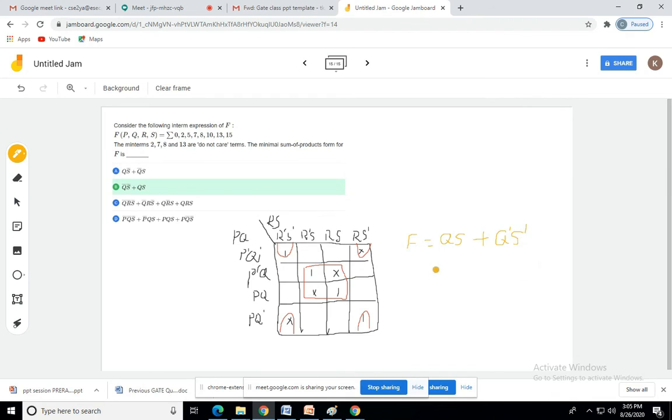Q dash S dash can be written as, since separately in this combination we don't have the options, QS plus QS whole dash. Do we have the combination here? Option B. So option B is the correct answer for this problem.